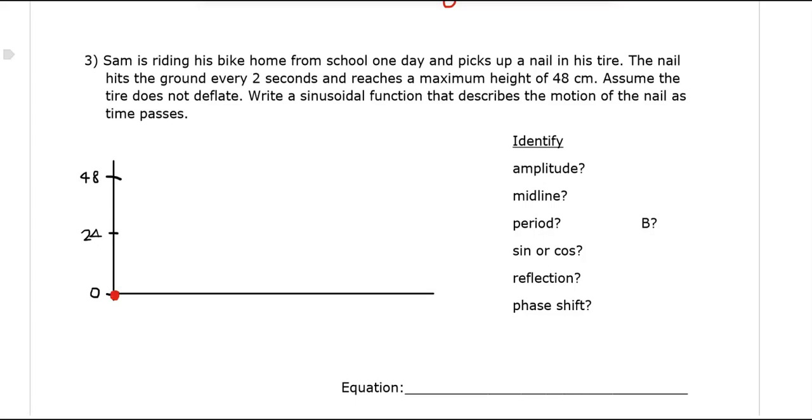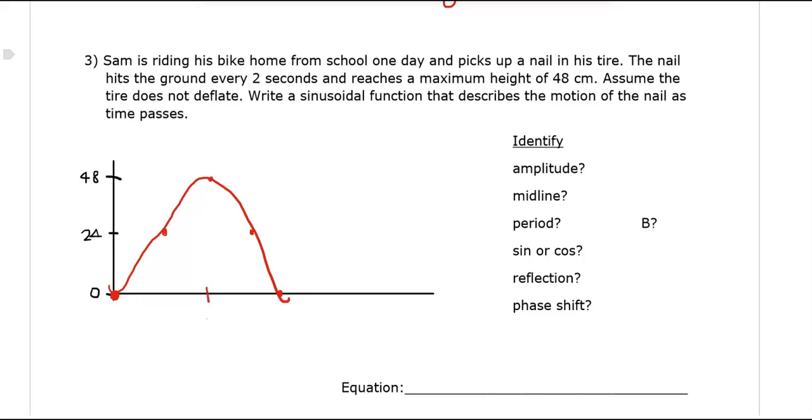So then that means that in half a second, it's up here, 24 centimeters. Then at 1 second, it's up here at my maximum at 48 centimeters. Then at 1.5 seconds, it's here at 24, which is going to be that midline. And then after a full 2 seconds, it's come back and it's down on the ground again. So this is what I've got. So here's my visual of my graph, if you will.